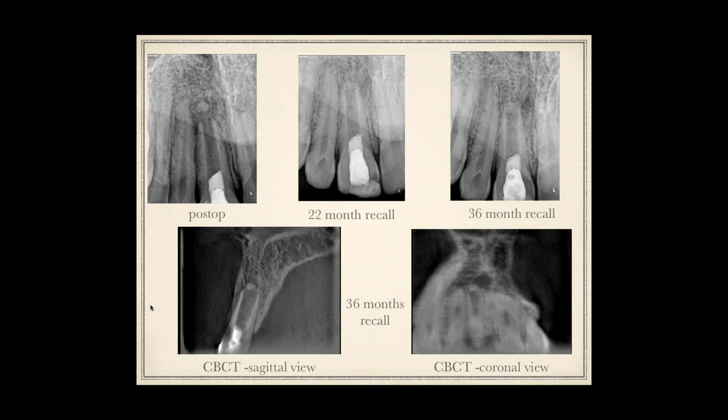So you're being very careful not to use force as you're irrigating through the apex. I would say as a safe rule, if you don't have a side-ended needle and you want to irrigate, you should stay at least 2 or 3 millimeters away from the radiographic apex.